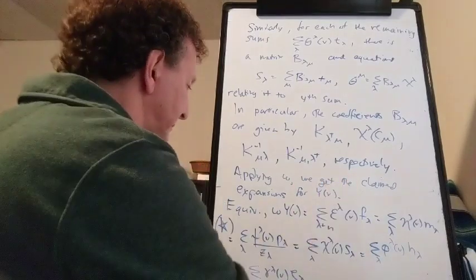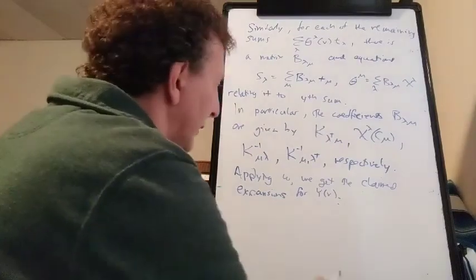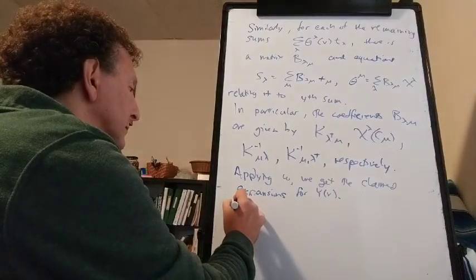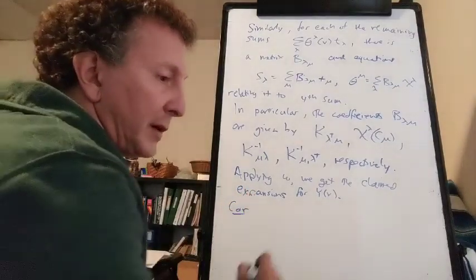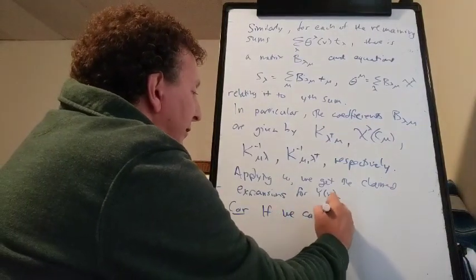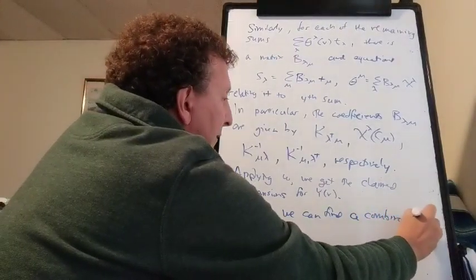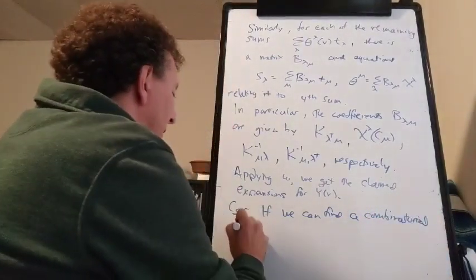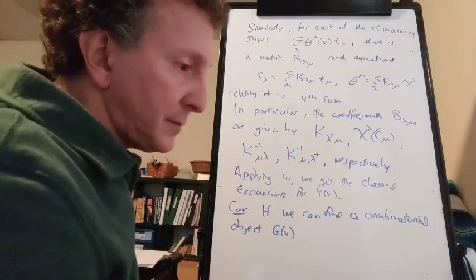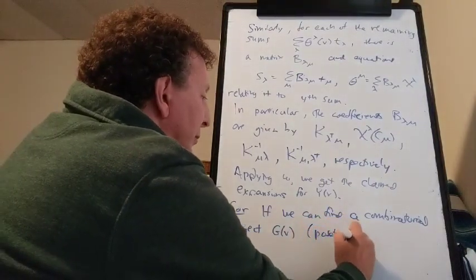for y of v. And again, the motivation is, I guess I can say this is a corollary. If we can find a combinatorial object, let's say g of v, this could be a poset or a planar network.